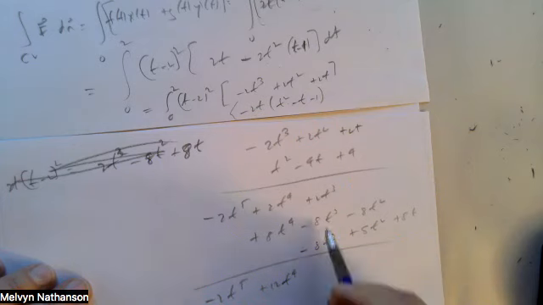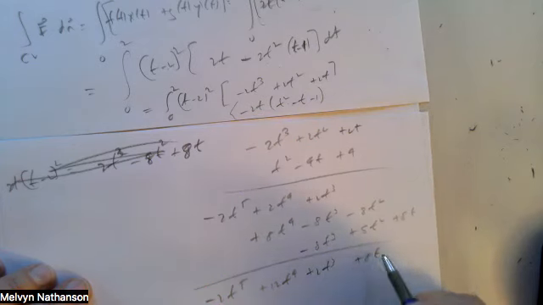So this looks like minus 2t to the fifth plus 12t to the fourth plus 2t cubed plus 8t. And I'm taking this and integrating it from 0 to 2.